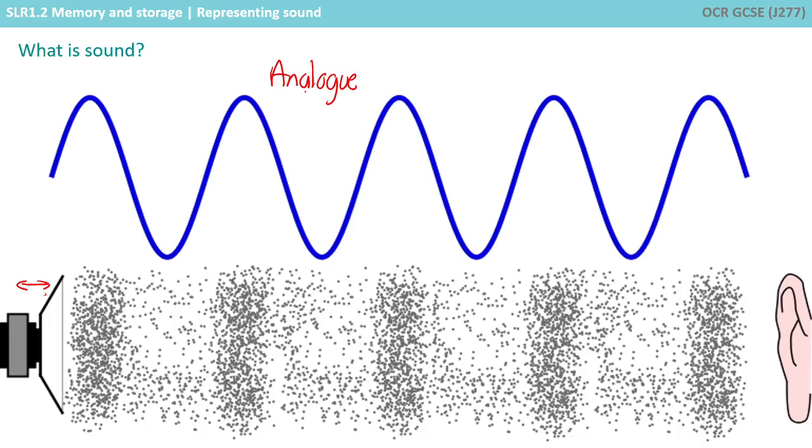Now, computers don't like things which move. They want to measure it. They have to store things as a number, as a binary number. So some way we have to convert our analog sound wave into something which it can remember, which is digital, often called discrete.